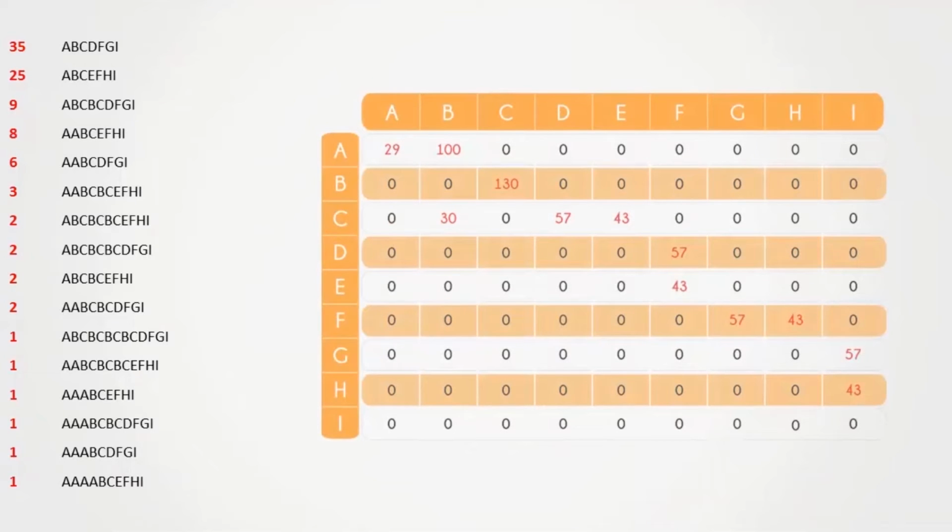In the matrix on the right, all the activities that occur in a log are displayed on the X and Y axis. The cells show how often an activity from the Y axis is followed by an activity from the X axis. For instance, this cell shows the activity C was directly followed by activity D 57 times in the whole log.